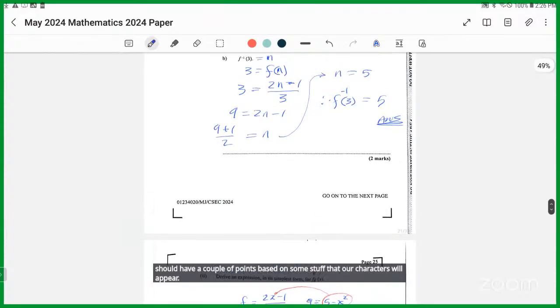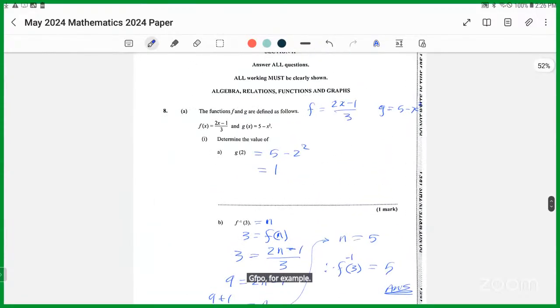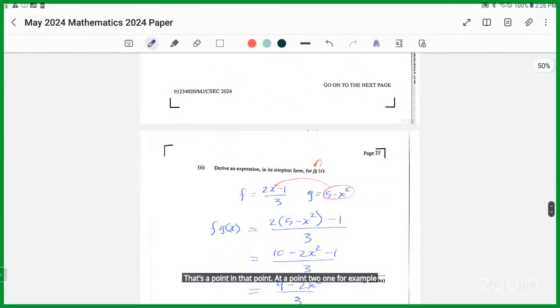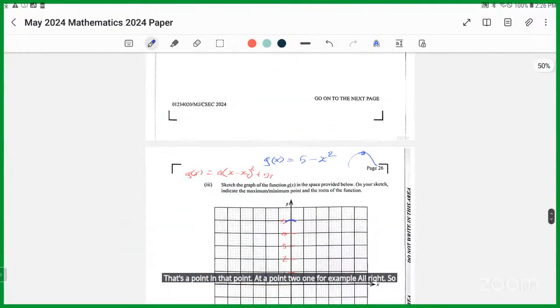G of 2, for example. Remember, G of 2 was 1. That's a point, 2, 1. So we can actually get a couple of points on this thing.